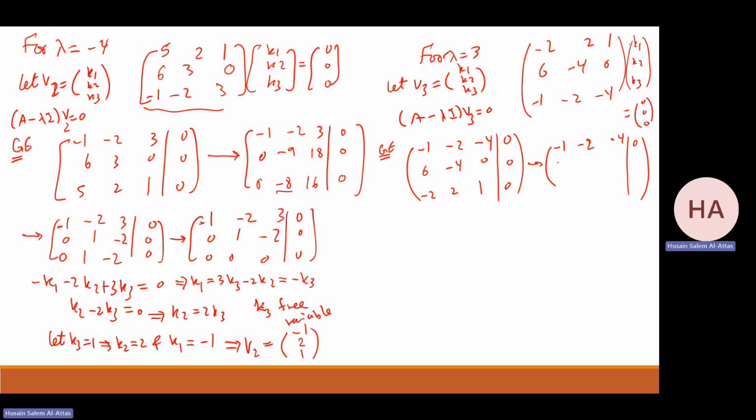Multiply by 6 and add, that will be 0. 6 and add, that will be minus 16. 6 and add, that will be 24. By minus 2 and add, that will be 0. By minus 2 and add, that will be 6. By minus 2 and add, that will be 9.